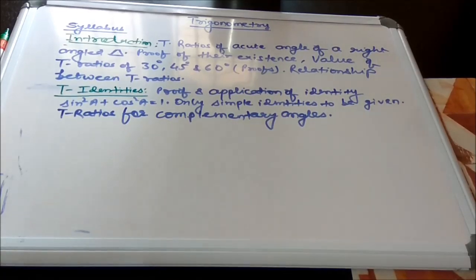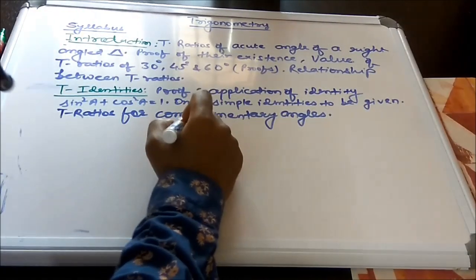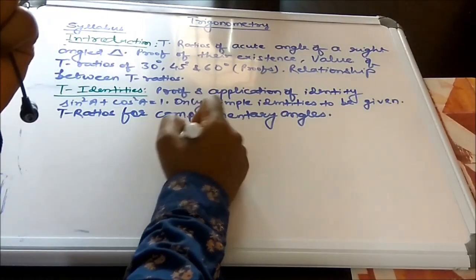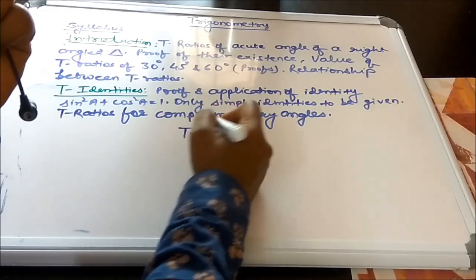Let's start from the very basic. What is trigonometry? How do you define it? Like in geometry, you study various shapes, triangles, circles, parallelogram, trapezium. So what will you be studying in trigonometry? The word trigonometry itself comprises of trigono plus metron.